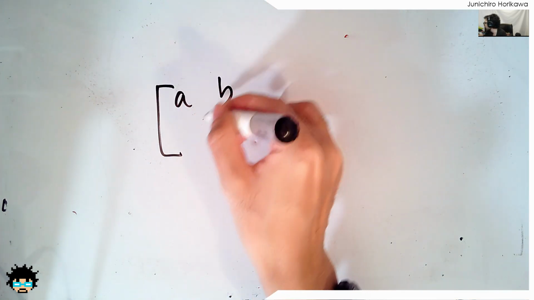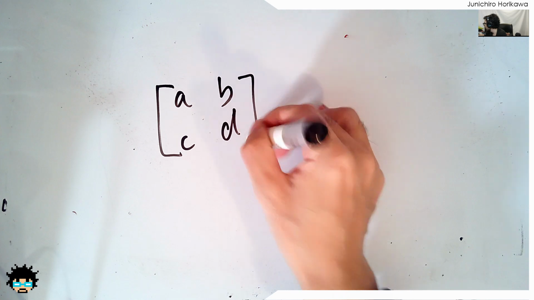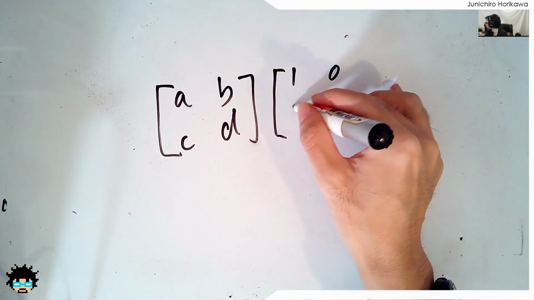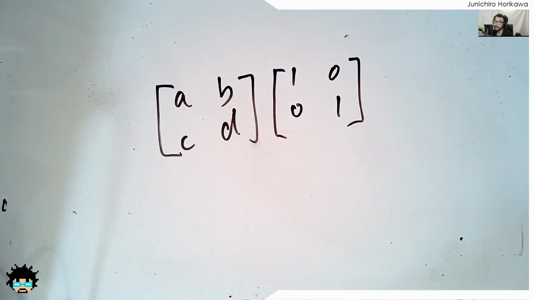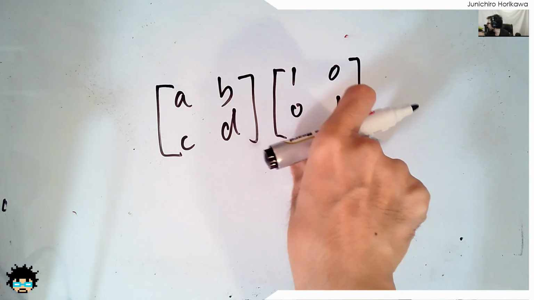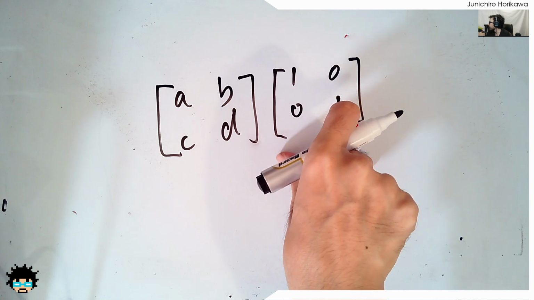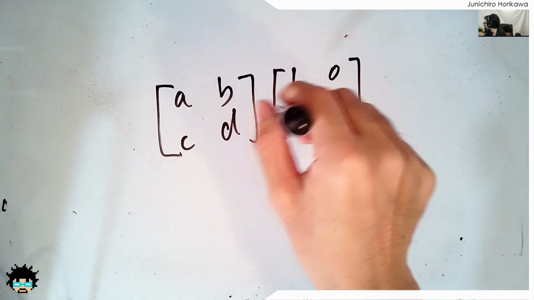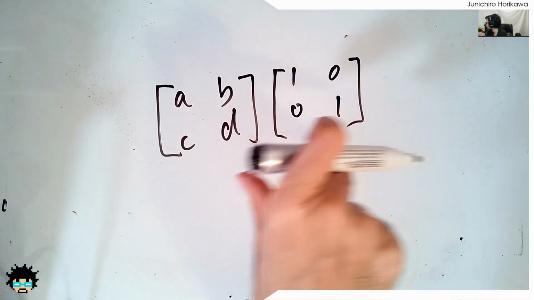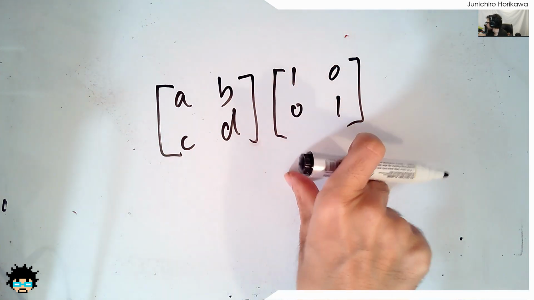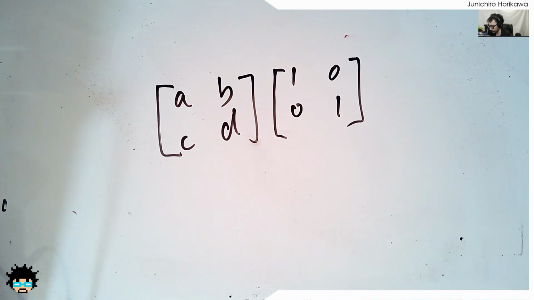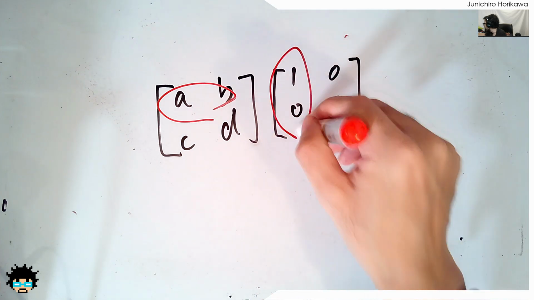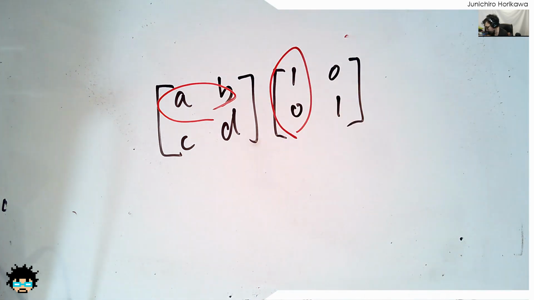We have a 2x2 matrix that looks like this, and you want to multiply by the identity matrix, which I've told you is going to be the base for all the matrix transformations. And if we try to do the matrix multiplication between those two, let's see how it goes with the result. Now this is going to be A, B and 1, 0 for the first value.